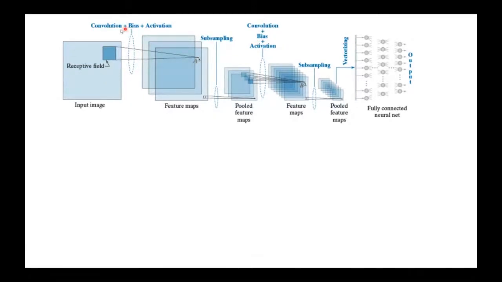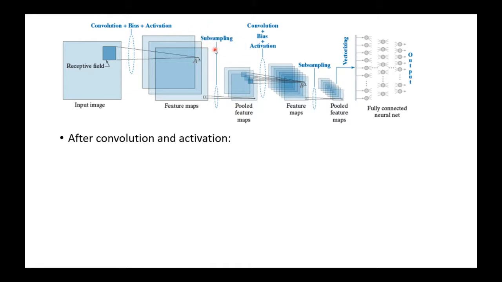So we have the input, convolution with 3 kernels, 3 feature maps. With the added bias and activation function, as in the neural network, we generate these 3 feature maps. And now, at this stage, there is something called subsampling.